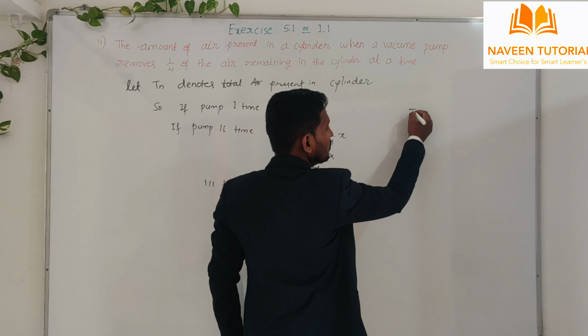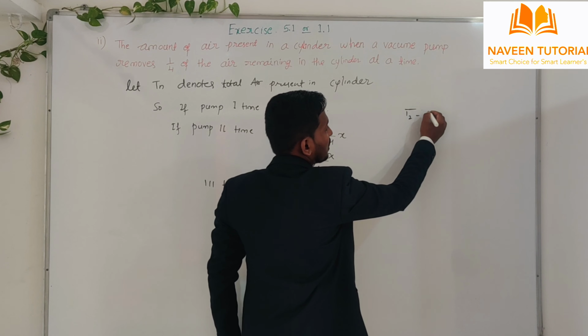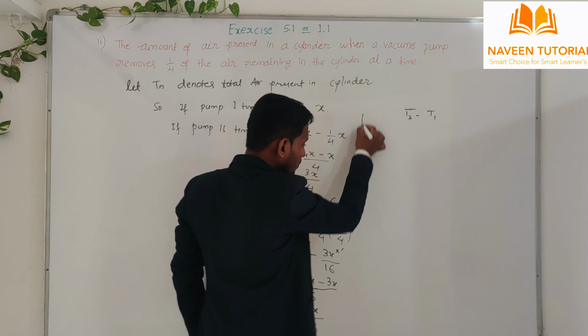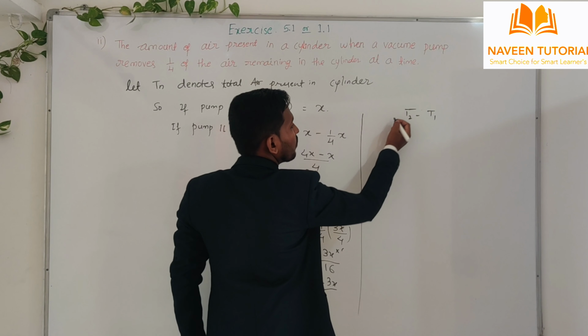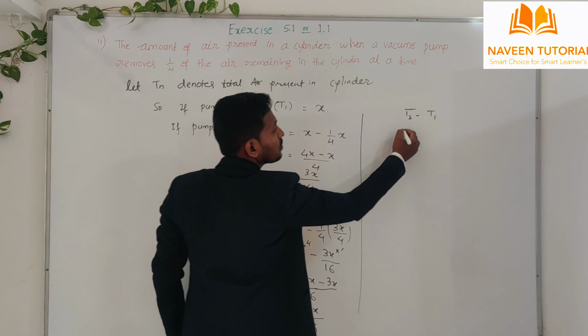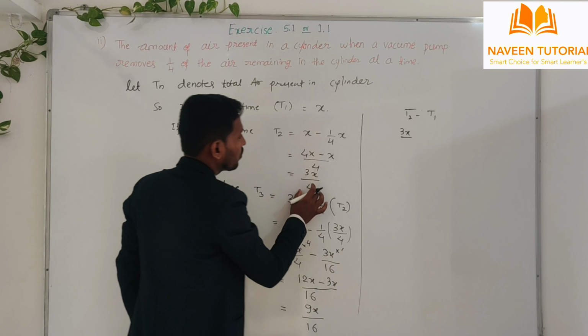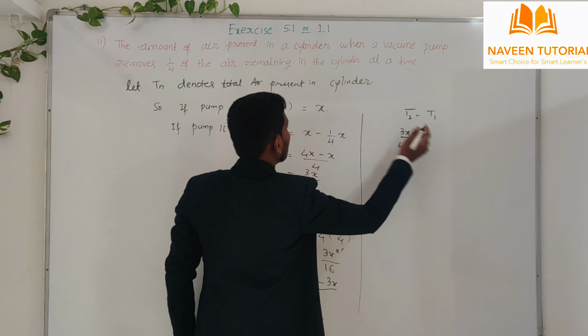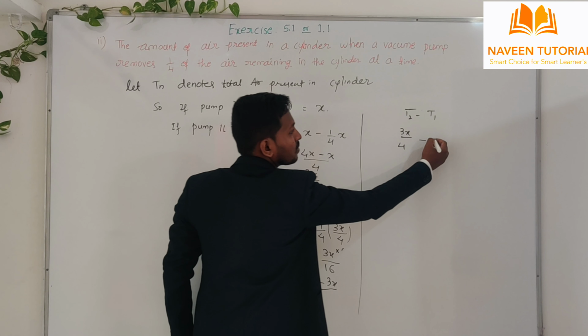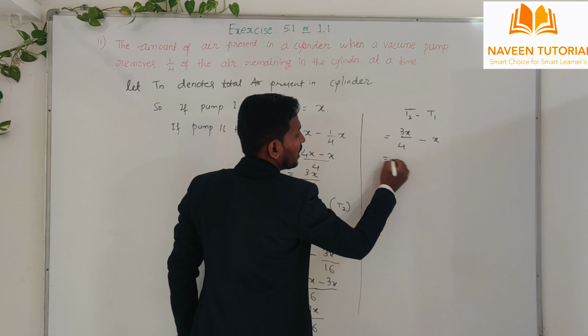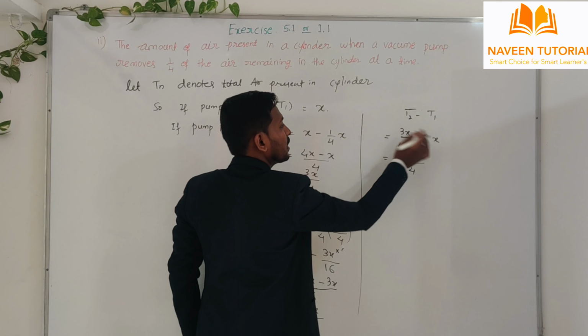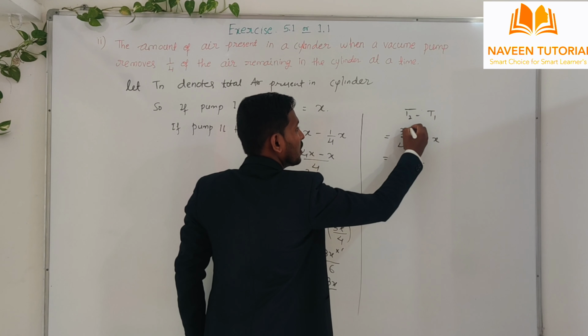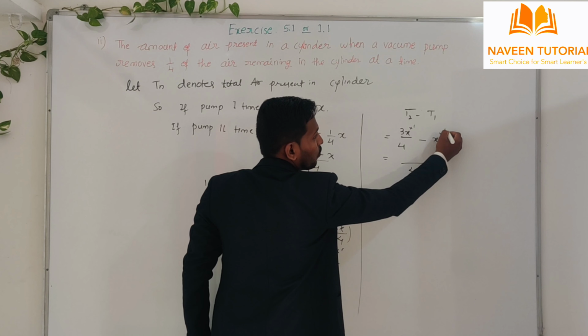Here T2 minus T1, that is, T2 value is 3x/4 minus T1 value x. So here we get 4 as the LCM. Then you have to balance the numerator with 1, and here is 4.